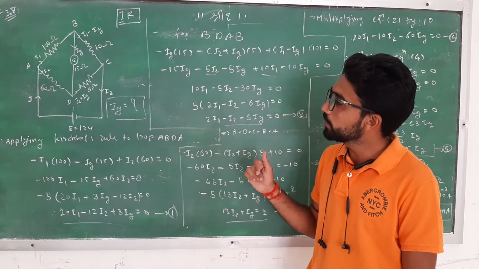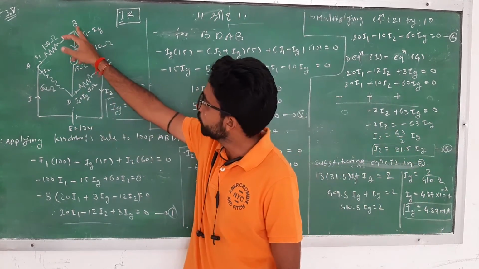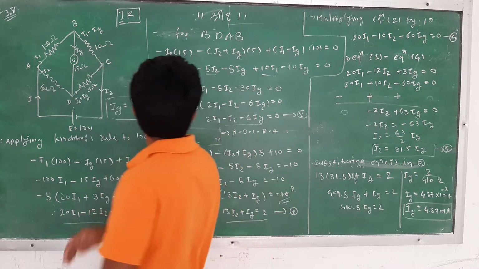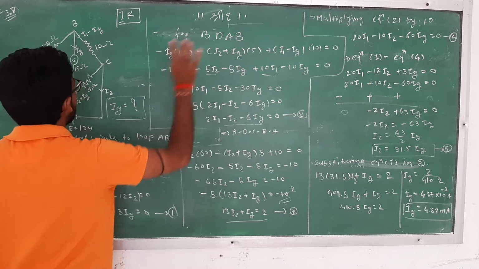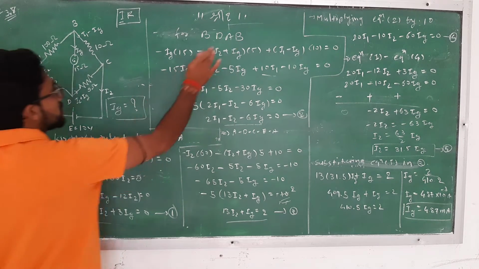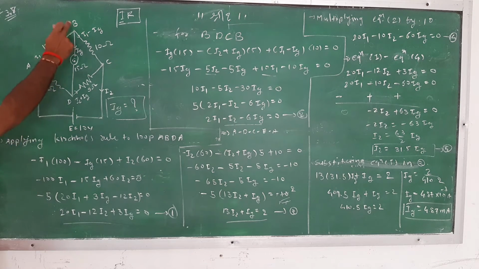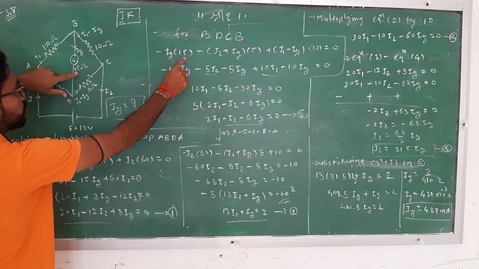Similarly, you can apply Kirchhoff's second rule to the second loop, that is B, D, C, B. Now apply the same rules. From B to D, the current is IC and the resistance is 15, so IC into 15.